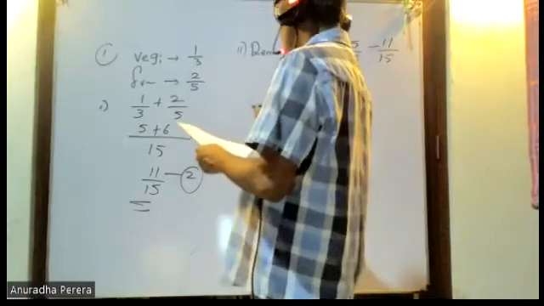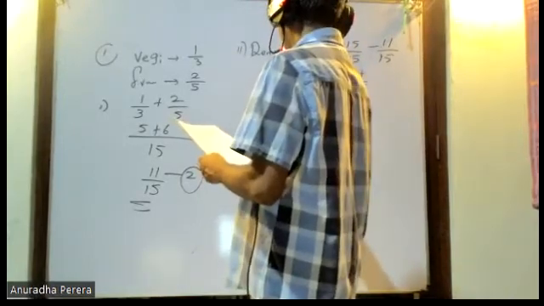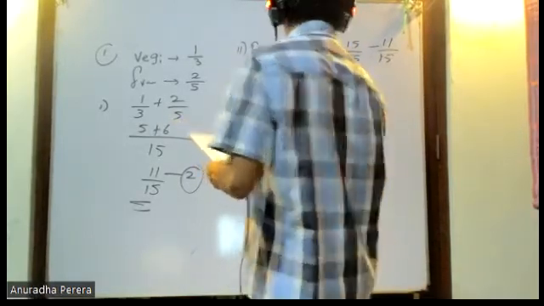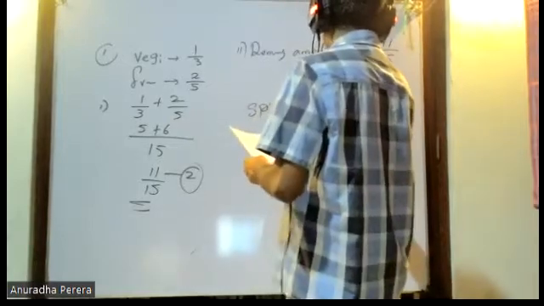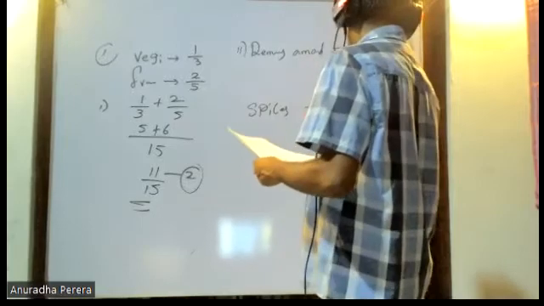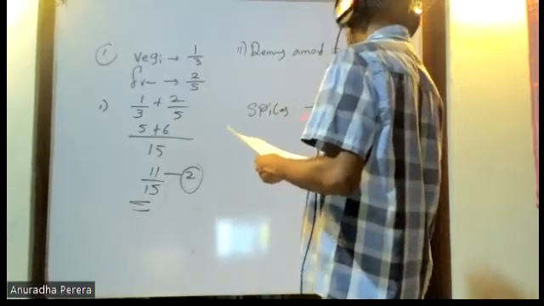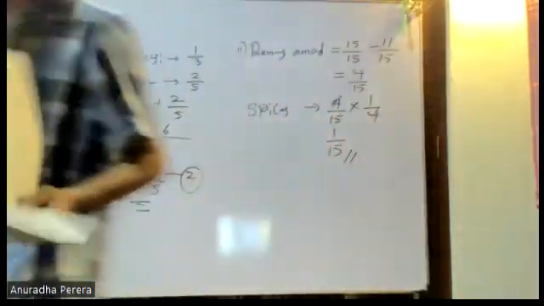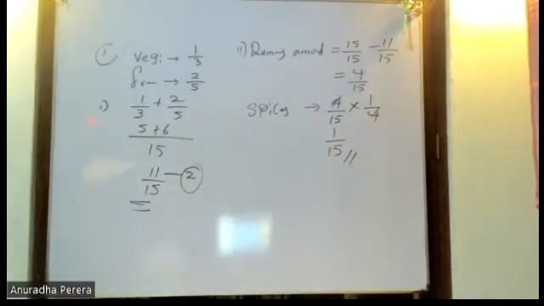Now for spices, 1/4 of the remaining amount is 1/15. 2 marks for this answer.